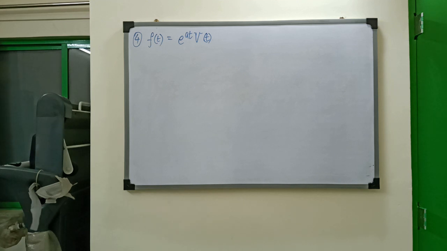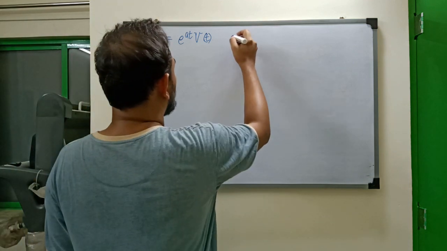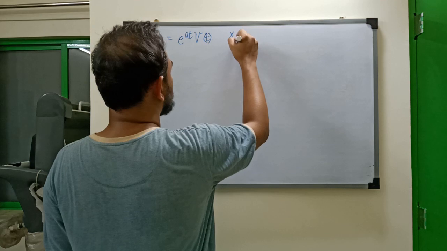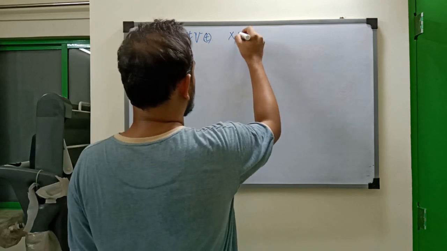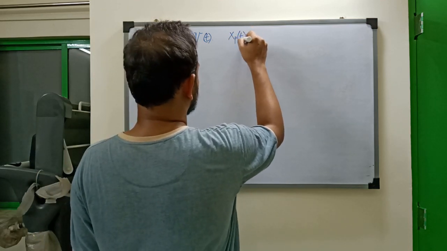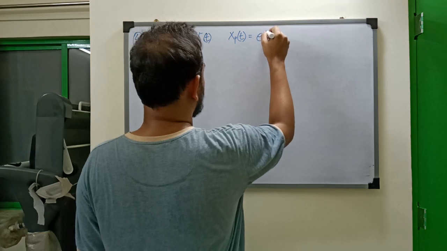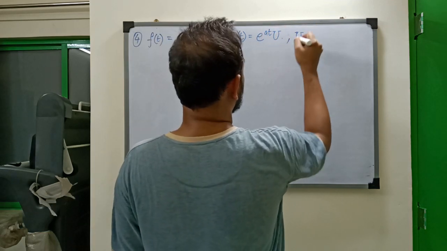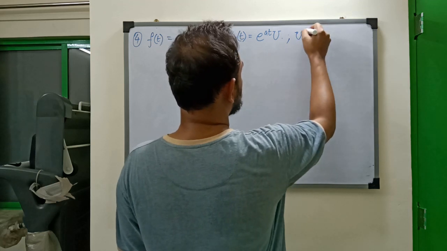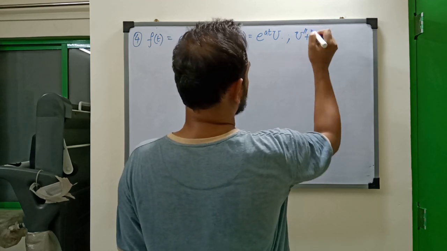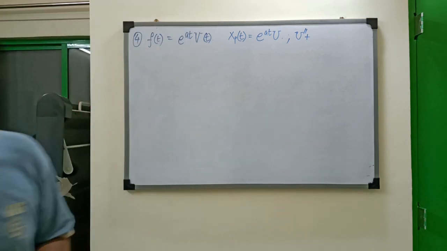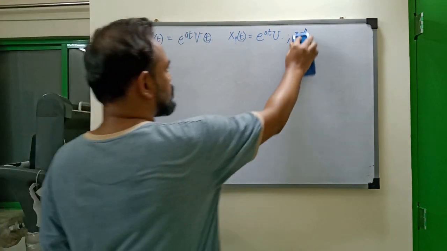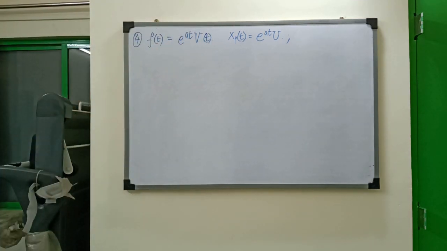We found that xp, the particular solution, was given by e to the power at u, where we found u from this particular differential equation. I'll just write it down because it's a slightly bigger one.